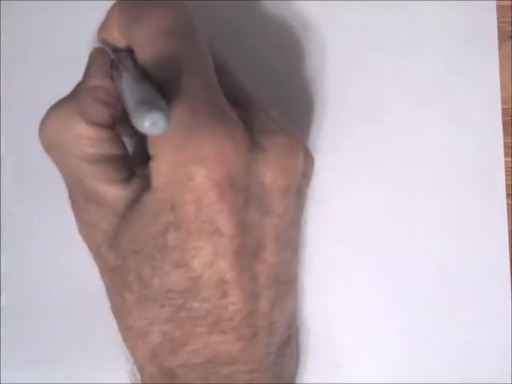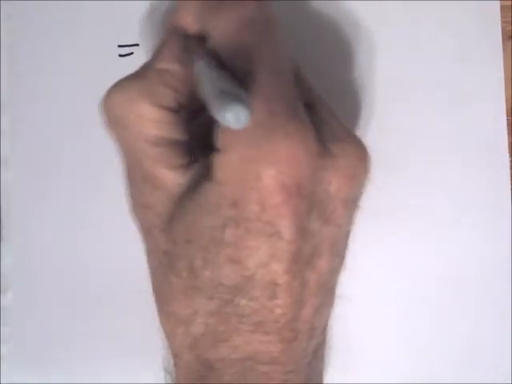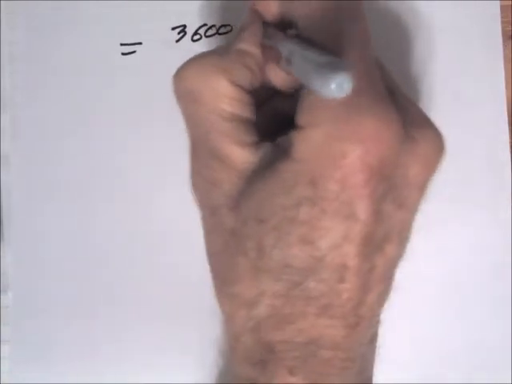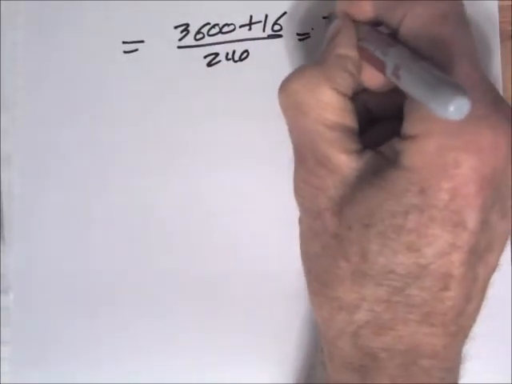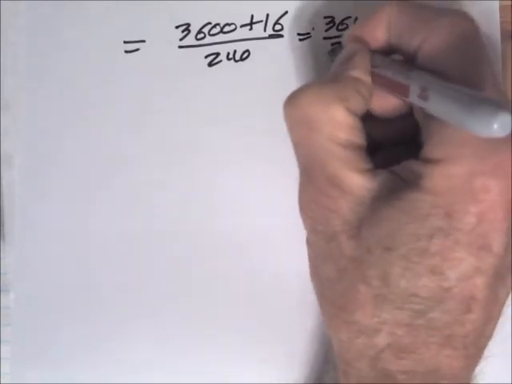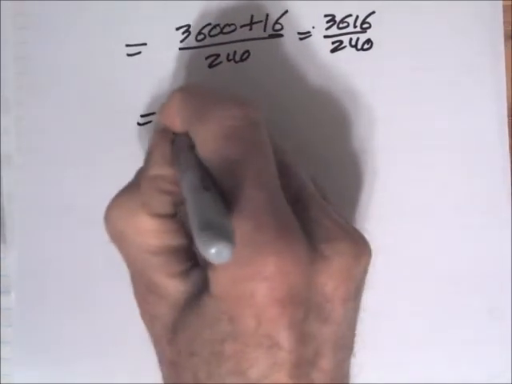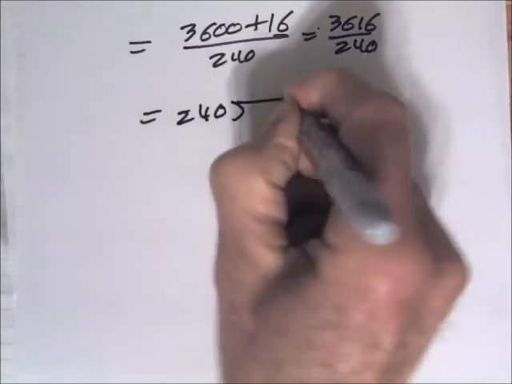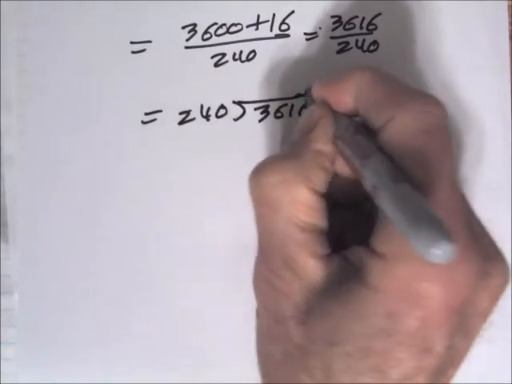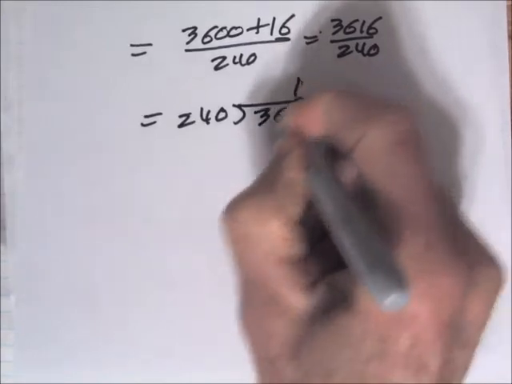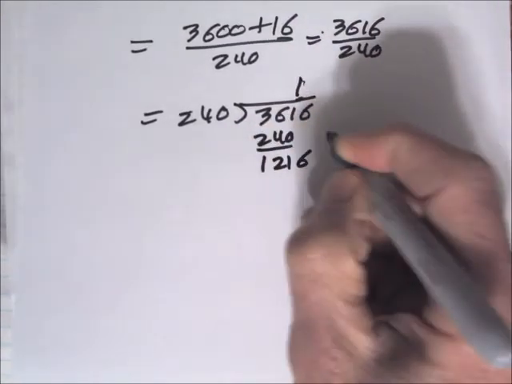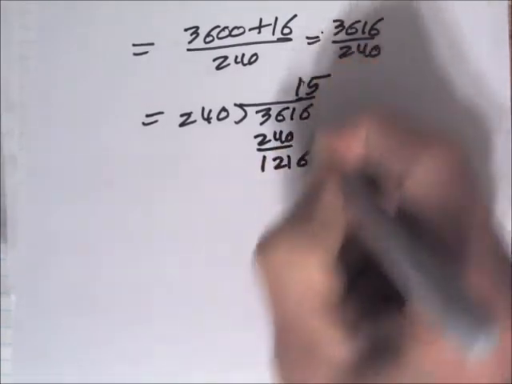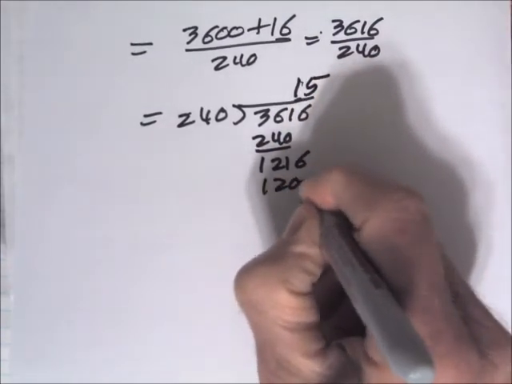It's going to be equal to 3600 plus 16 over 240, 3616 over 240. 240 into 3616: 1 times 240 is 240, remainder 121, bring down the 6, going about 5 times, about 1200, remainder 16.